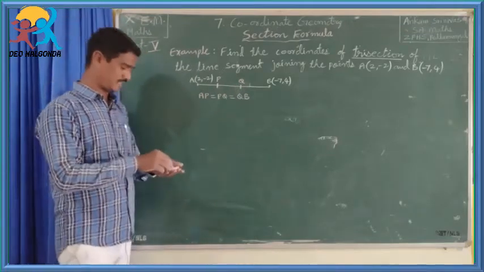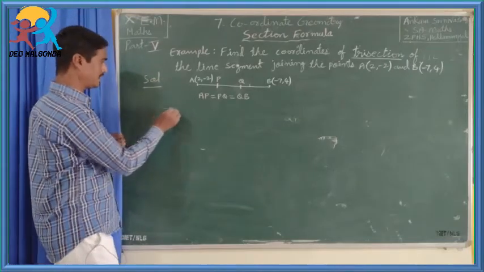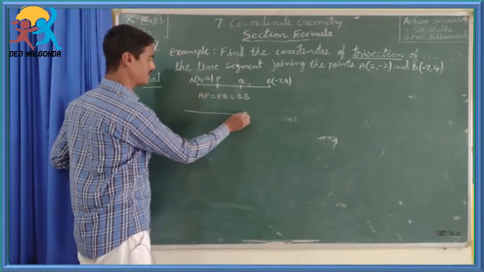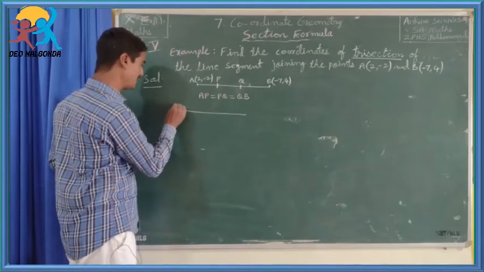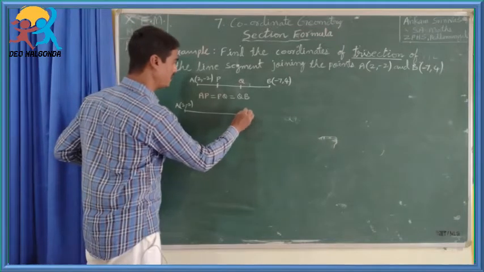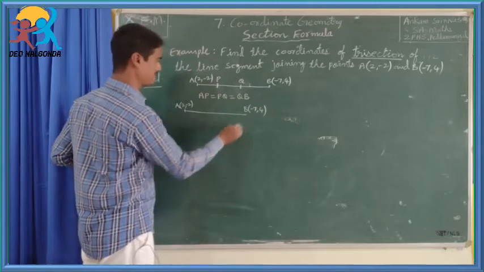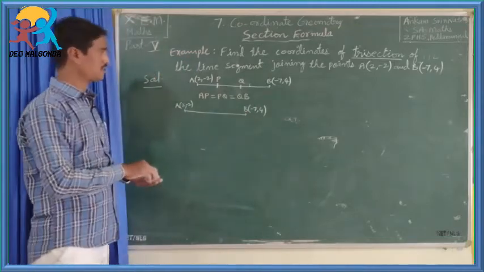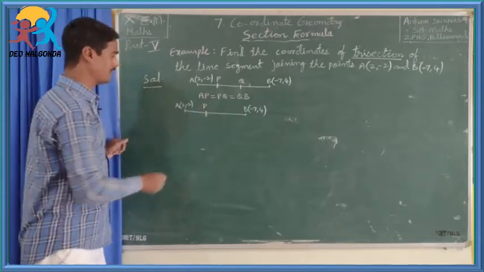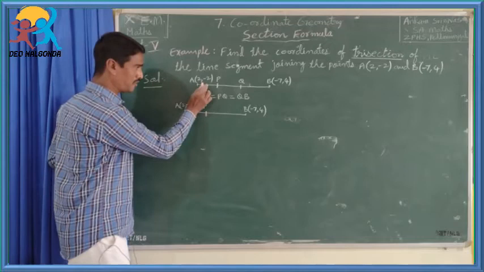So, dear children, first we have to find the coordinates of P. Let A be (2, -2) and B be (-7, 4). Now, where is the position of P? From A to P is 1 unit, P to Q is 1 unit, Q to B is 1 unit.